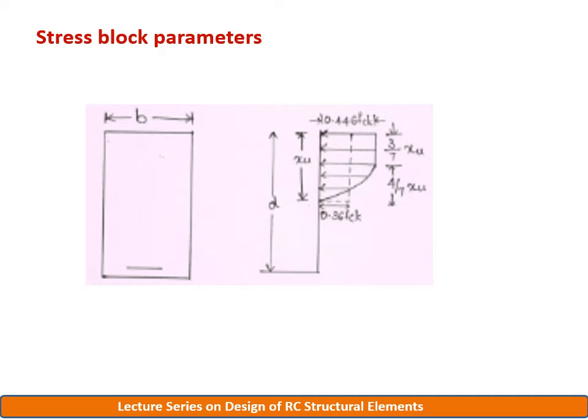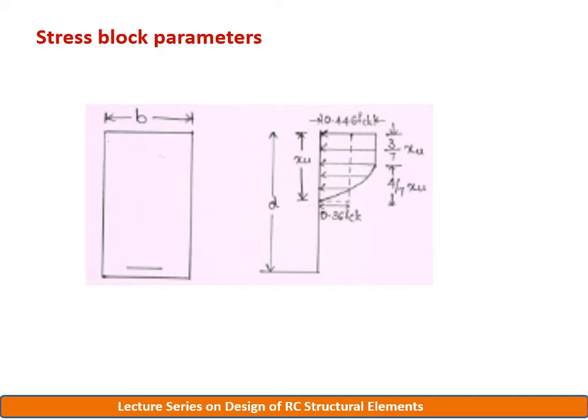Since the strain diagram is linear over this depth of XU, and below the neutral axis also it is a linear variation, the shape of the stress block will be the same as that of the strain diagram which we have already discussed regarding concrete.